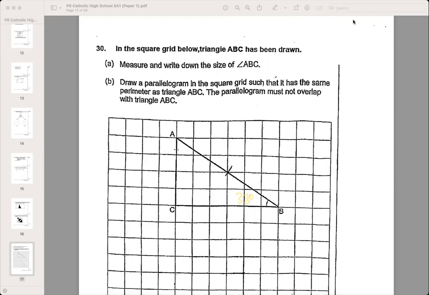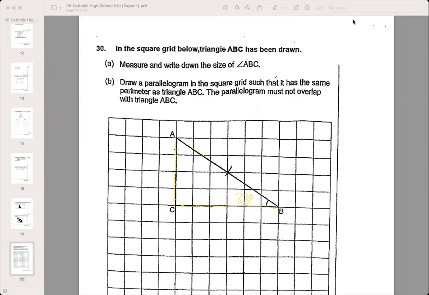The perimeter of triangle ABC consists of this, which we call one straight line. This is 1 unit, 2, 3, 4, 5, 6, 7, 8, 9, 10. 10 units.